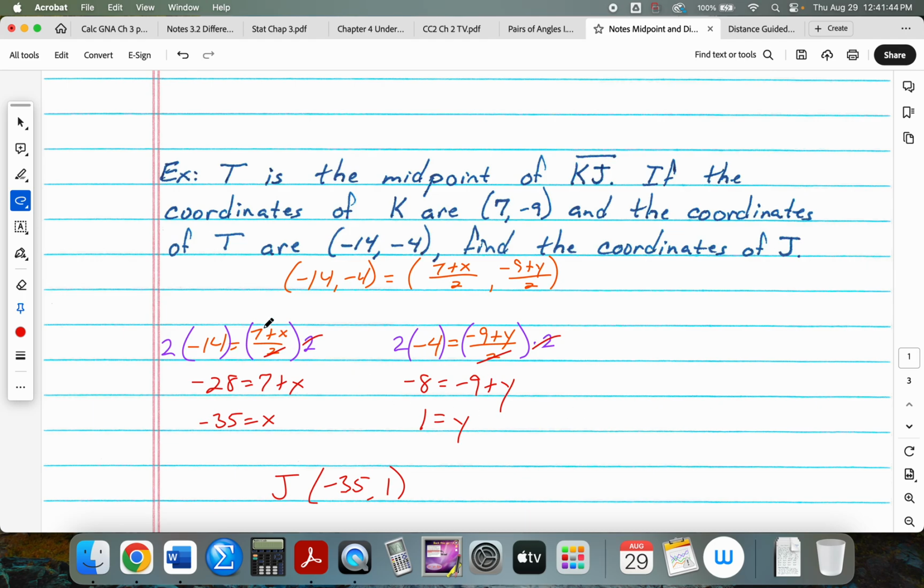Because which one is the midpoint? T. So the midpoint always goes by itself. Okay. And then we're averaging the endpoints. We know one endpoint, but we don't know the other endpoint. Okay.